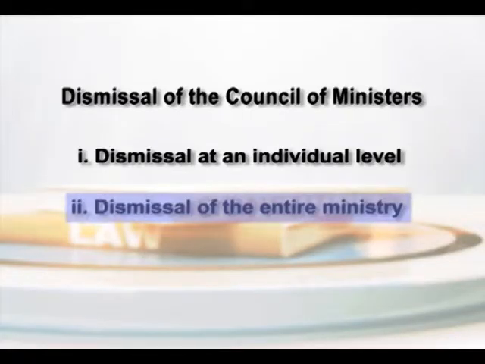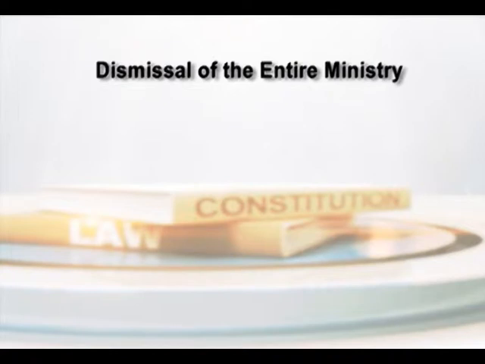So far as the dismissal of the ministry is concerned, that is, we are now taking note of the second instance, where we will be talking about the dismissal of the total ministry. I mean, dismissal of the ministry in absolute terms. This can be done under the following situations.